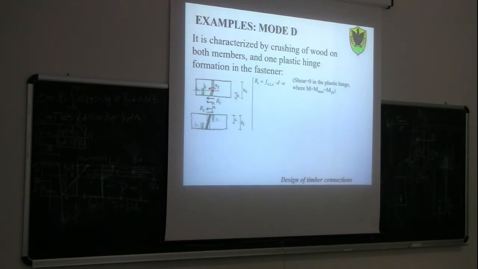So we can write down that for the equilibrium of this piece of pin here, Rk minus, here we assume that we have a crushing pull, so minus fh2k, which is the embedment strength, times d times a, where a is the distance, equal to 0. So Rk is equal to fh2k times d times a.